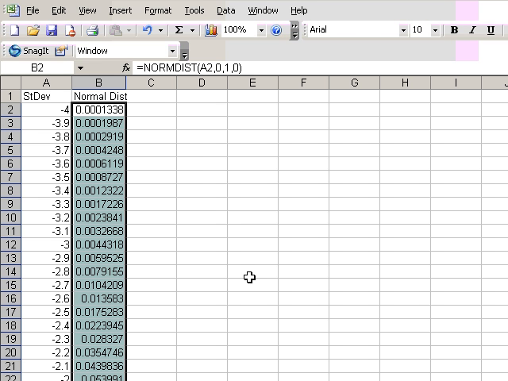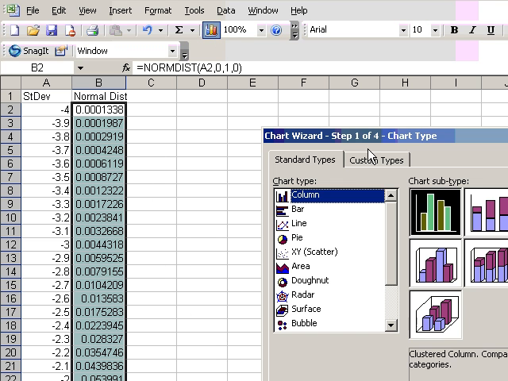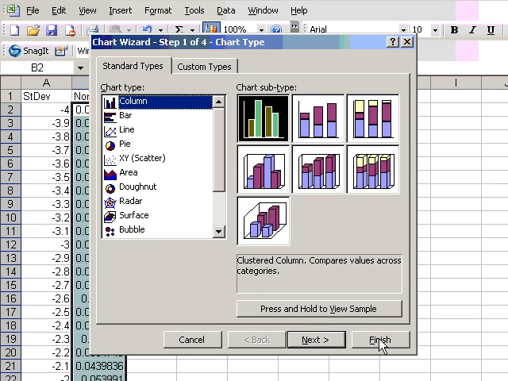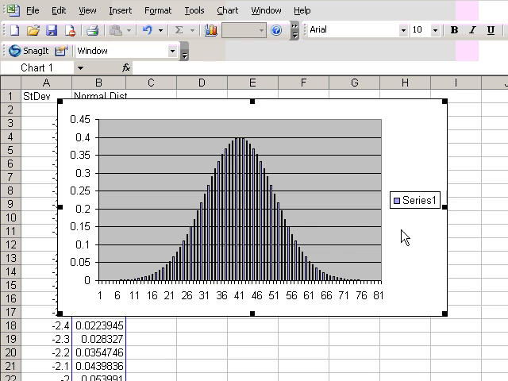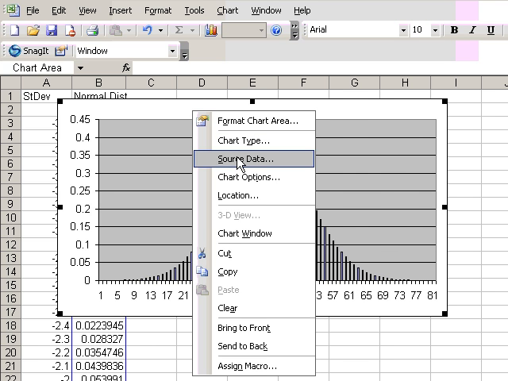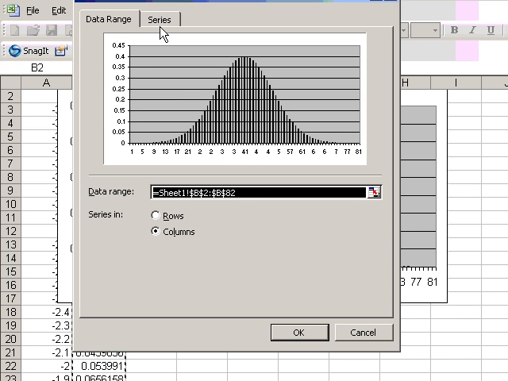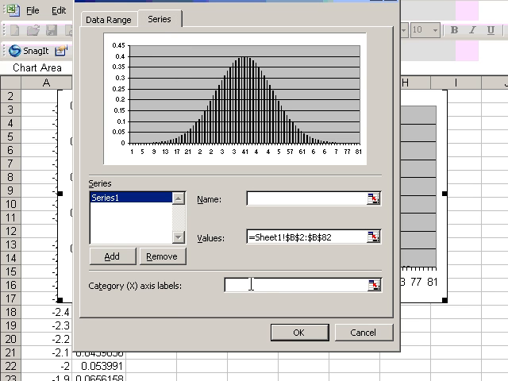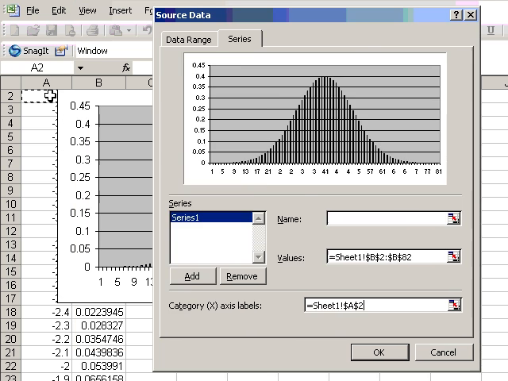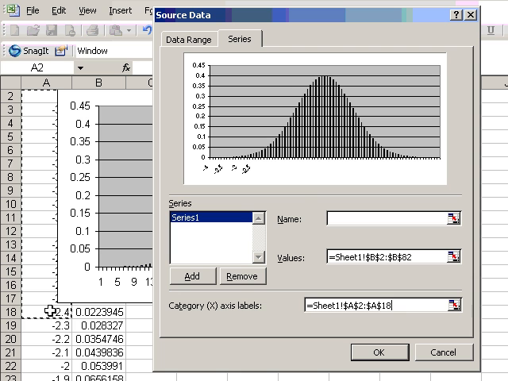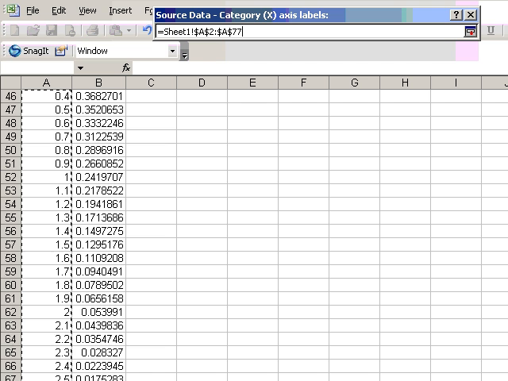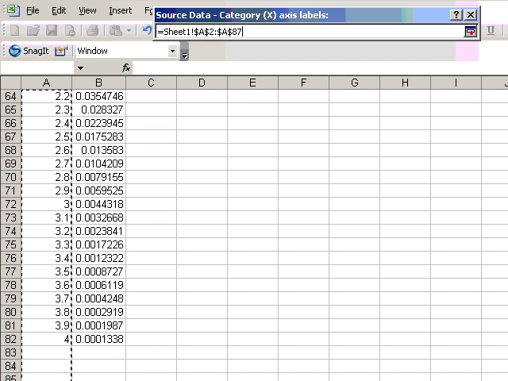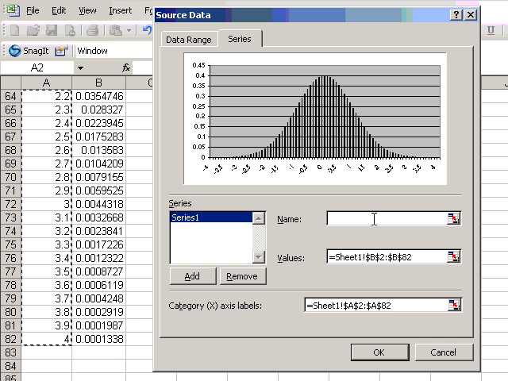Now I can, using this distribution, go to chart, a column chart, and if I simply say finish, I get this chart, and I'll go to source data and series and select the data series here, as the labels.